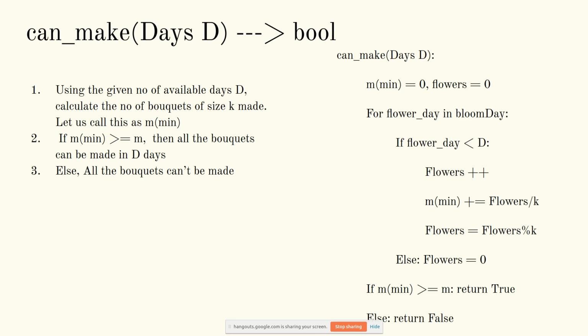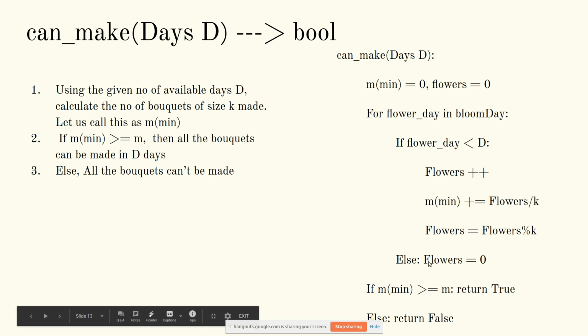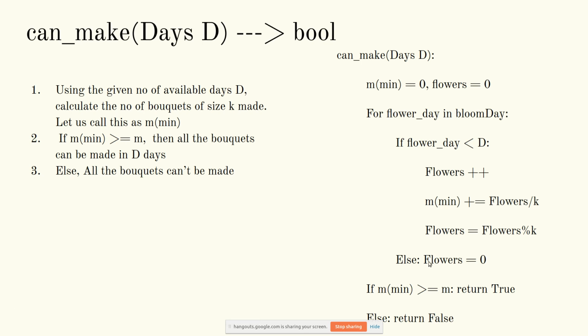If that condition is not met, we have got a flower which exceeds our available number of days, which doesn't bloom within our last day. We reset our available number of flowers to 0, thus ending a continuous streak of available flowers.